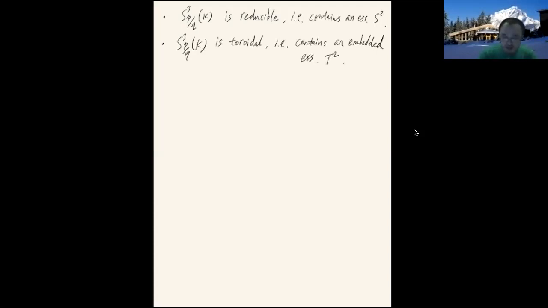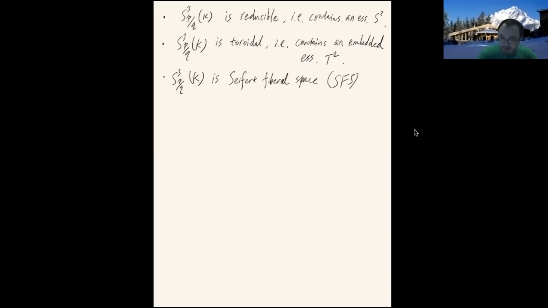Other than these two cases, the remaining case is this surgery is a Seifert fiber space. From now on, I just use SFS.